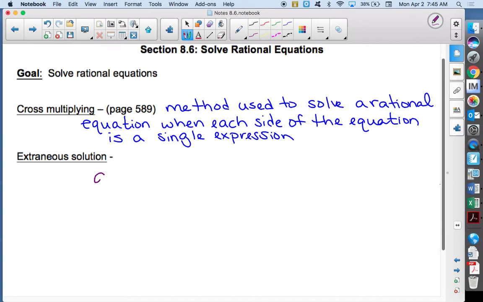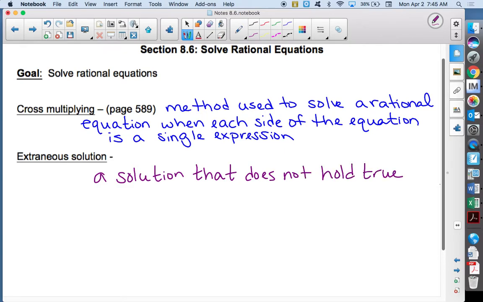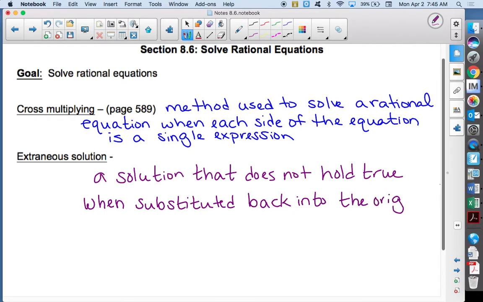An extraneous solution is a solution that does not hold true when substituted back into the original problem, or the original equation.